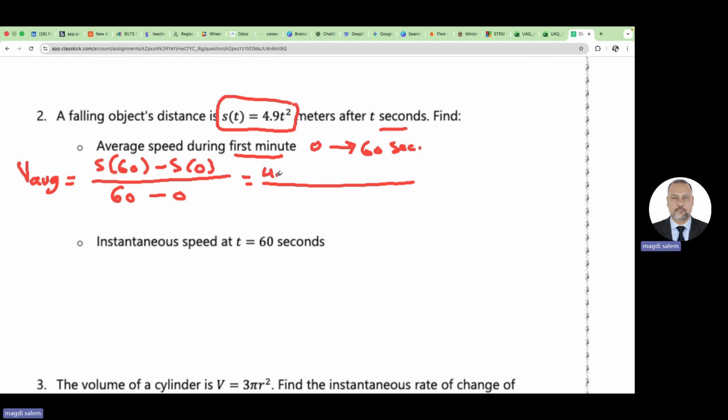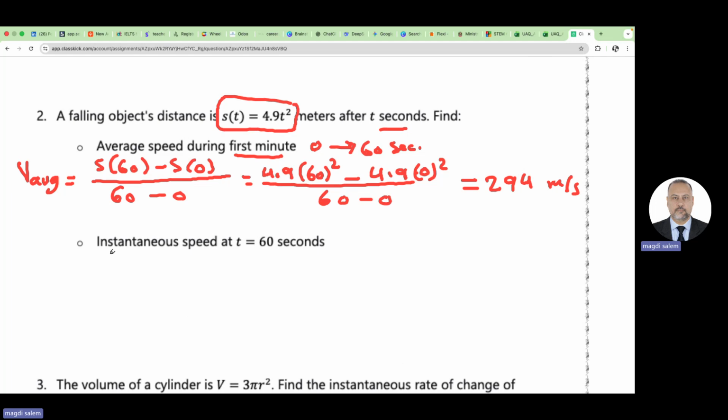So it's 4.9 multiply 60 squared minus 4.9 multiply 0 squared over 60 minus 0. And then you use the calculator to get the answer, which is 294 mile per second.